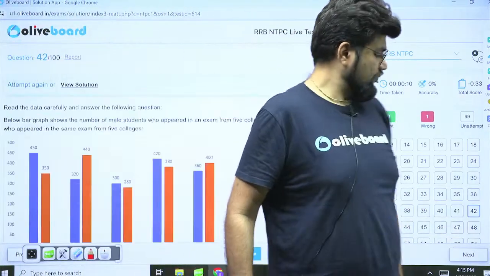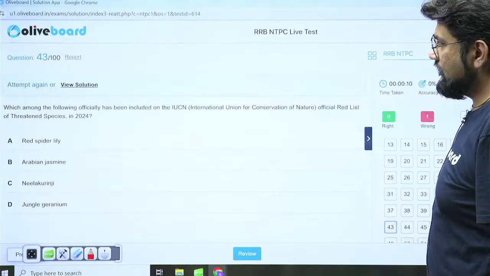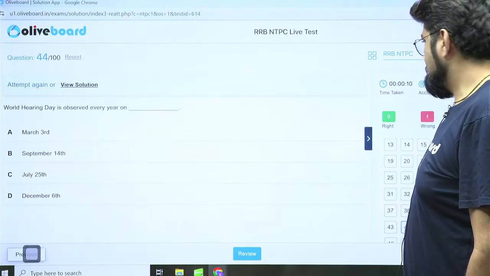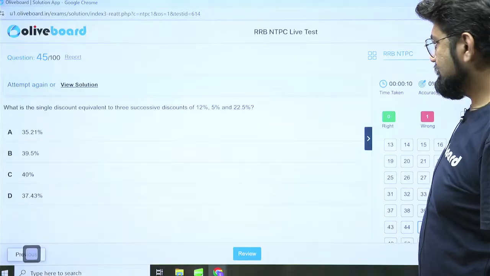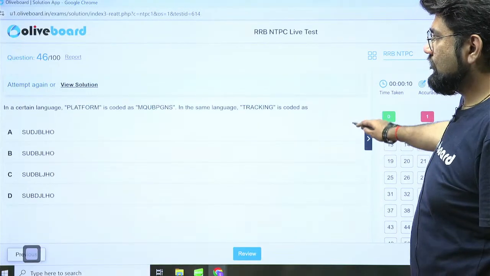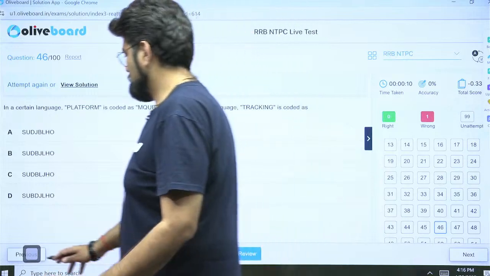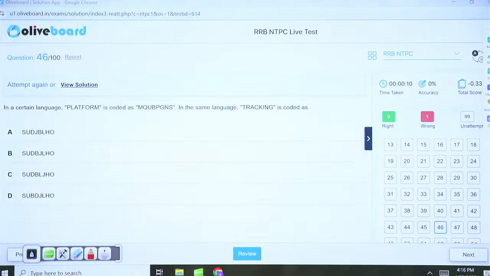Next, 42. Data interpretation. Minus 3, 12 plus 5.